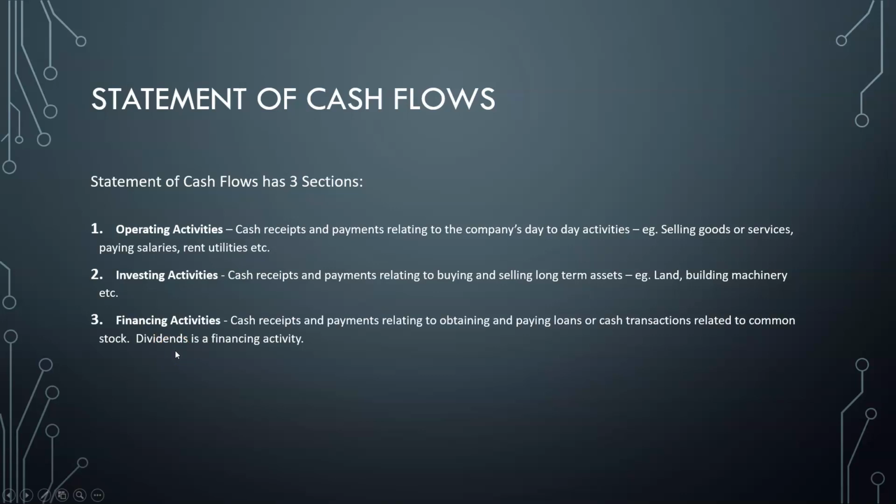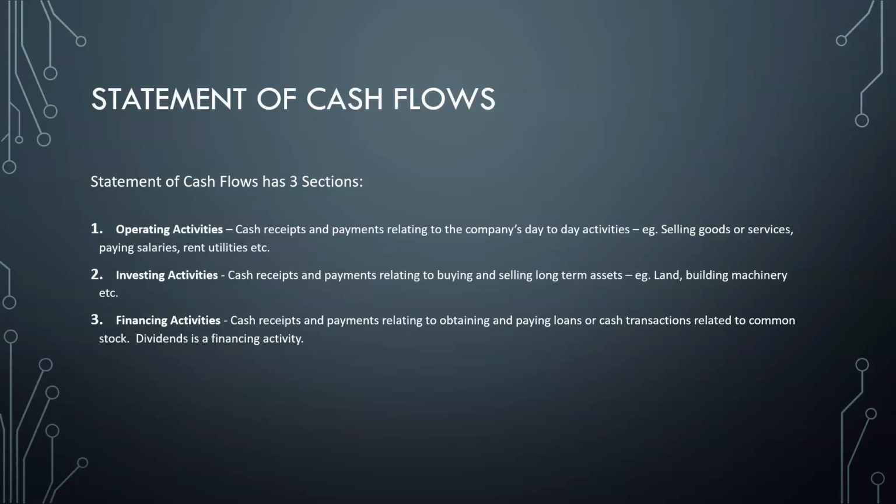The third one is financing activities. So this is how the company finances itself. And here we're looking at cash receipts and cash payments relating to either obtaining loans as well as paying off loans, or any cash transactions related to common stock, so investing by the owners.